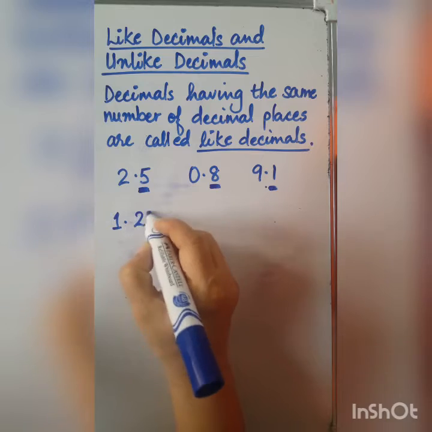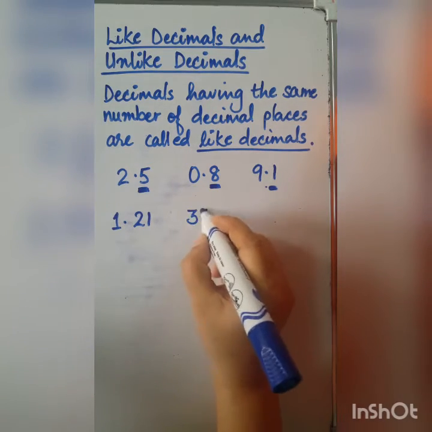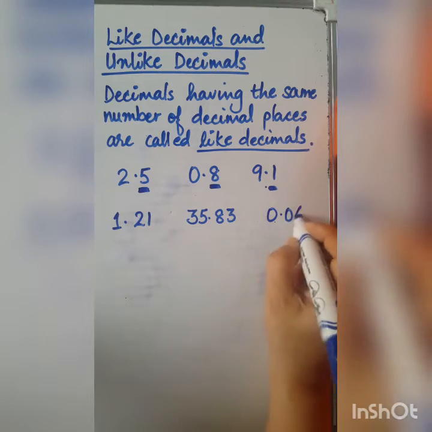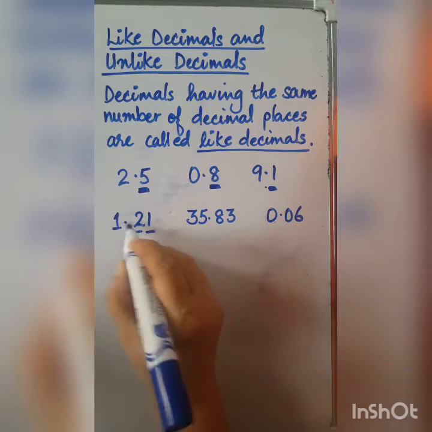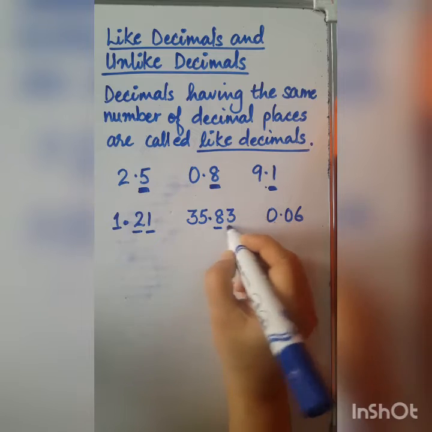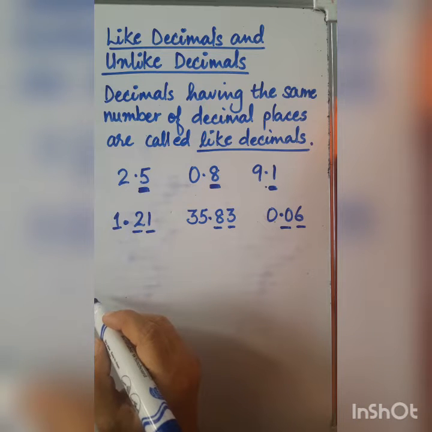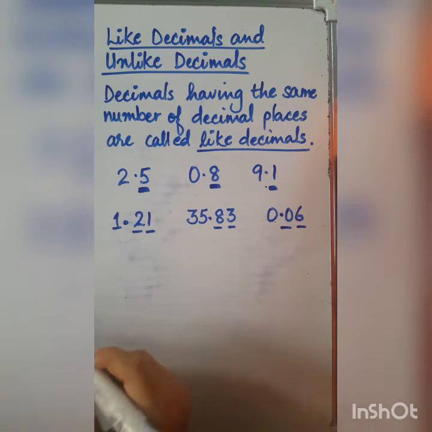Similarly, 1.21, 35.83 or 0.06, they have two digits after the decimal point. This is the decimal point, they have two digits. That means they all have two decimal places. So they are all like decimals.